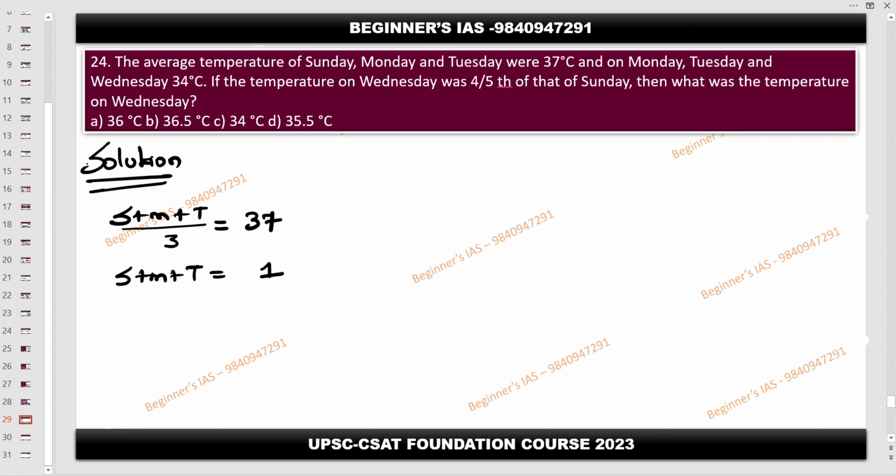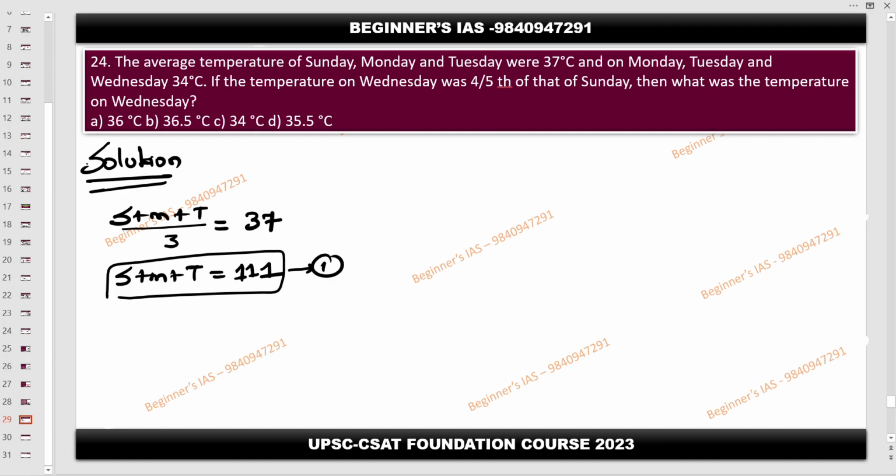No, sir. S plus M plus T divided by 3 is equal to 37. Then another one, M plus T plus W by 3 is equal to 34. Okay, next step. If you cross multiply, then here triple one, sir. Triple one. Fine. So let us consider this as equation number one.